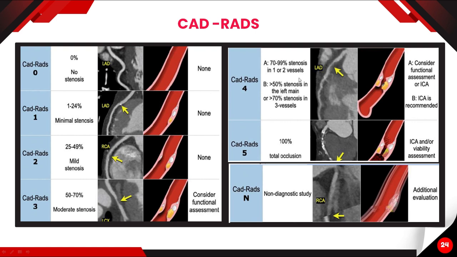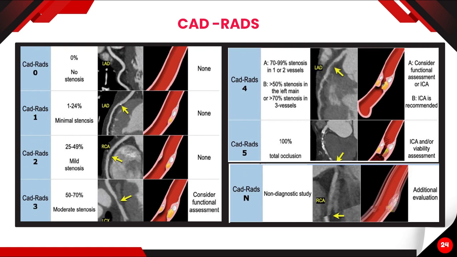CAD-RADS 4A is when the plaque causes 70 to 99% stenosis in 1 or 2 vessels. And CAD-RADS 4B is plaque causing more than 50% stenosis in the left main or 70% stenosis in 3 vessels.